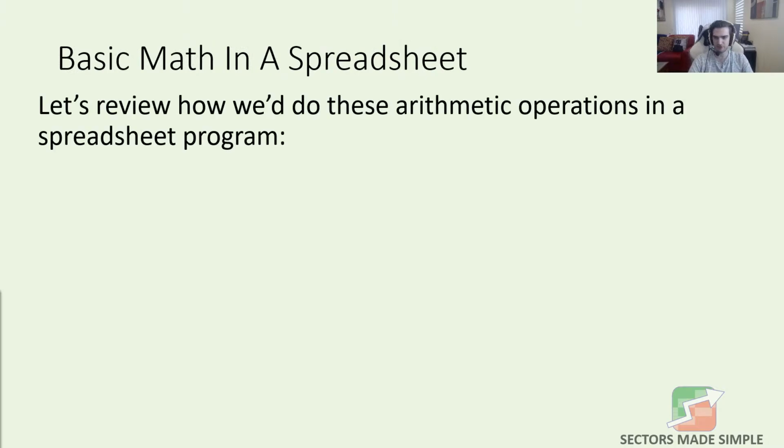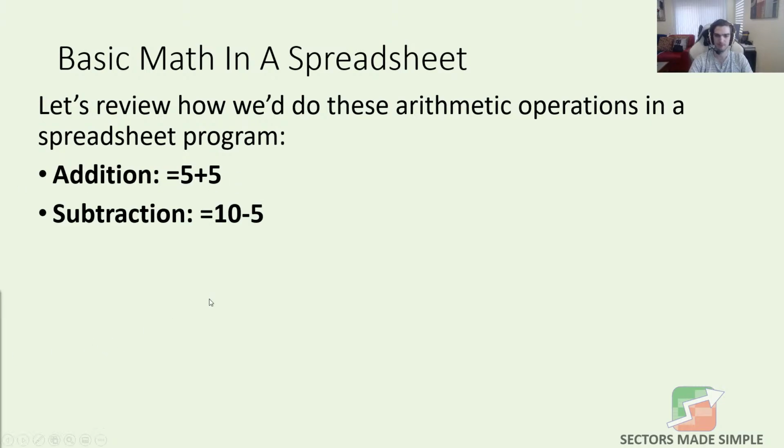And again, let's just review the basic arithmetic that we learned last time and how it would look in Excel. If I had the question 5 plus 5, it would look something like this. Remember, we always need that equal sign to tell us that we're doing math, and then 5 plus 5. If we wanted to do subtraction, it would look something like this. Equals 10 minus 5.